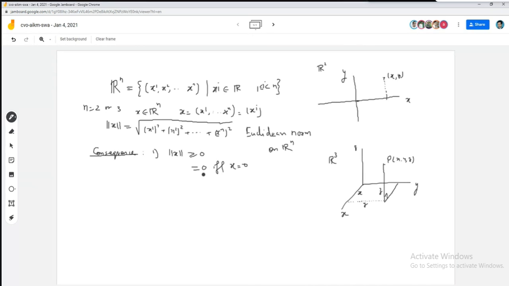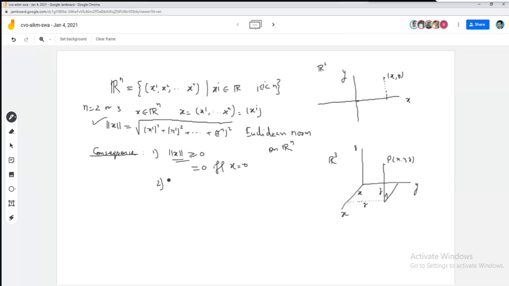Norm is a function from Rn to R defined by this, and it satisfies the conditions. The first condition: for x in Rn, the norm of x is always greater than or equal to 0, and the norm is 0 if and only if the vector itself is 0.